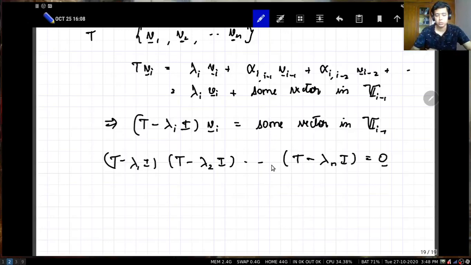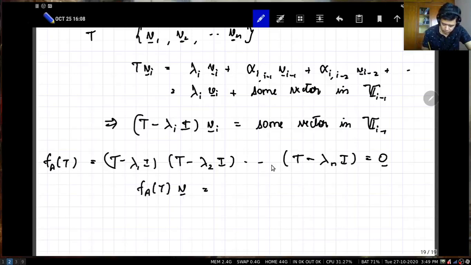And in order to show this, all we have to show is that for every vector v in Rn, this particular matrix, let's call this fA of T, fA of T times v equals 0 for all vectors v.